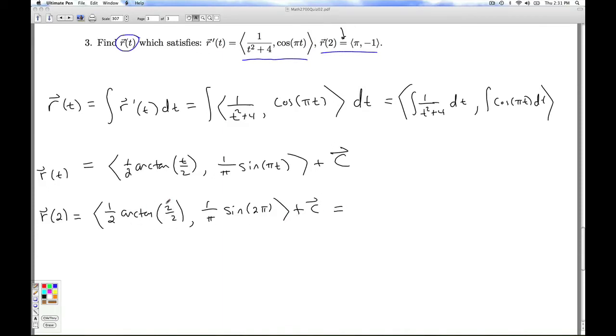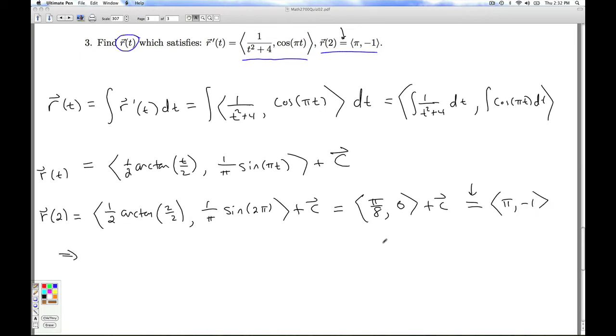The arctangent of 1 is pi over 4. Pi over 4 times 1/2 gives us pi over 8. Sine of 2 pi is 0 plus c. And we're forcing this then to be pi comma negative 1.